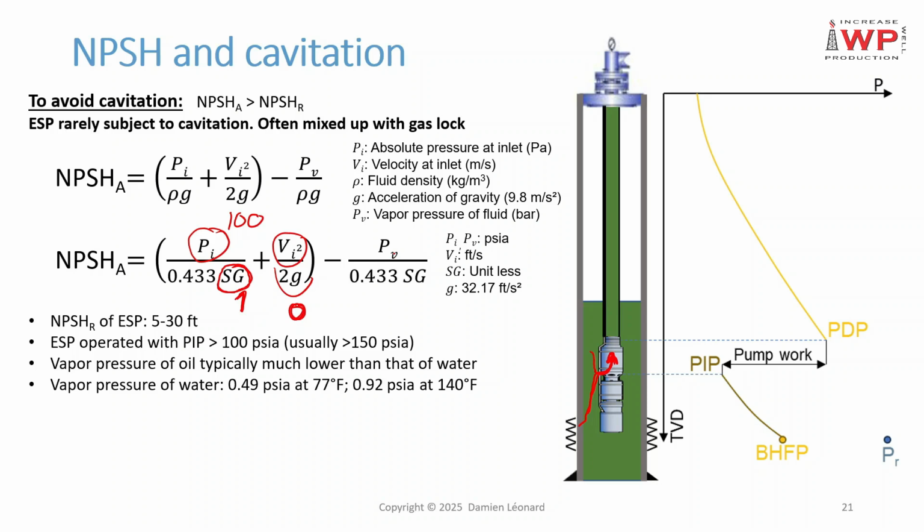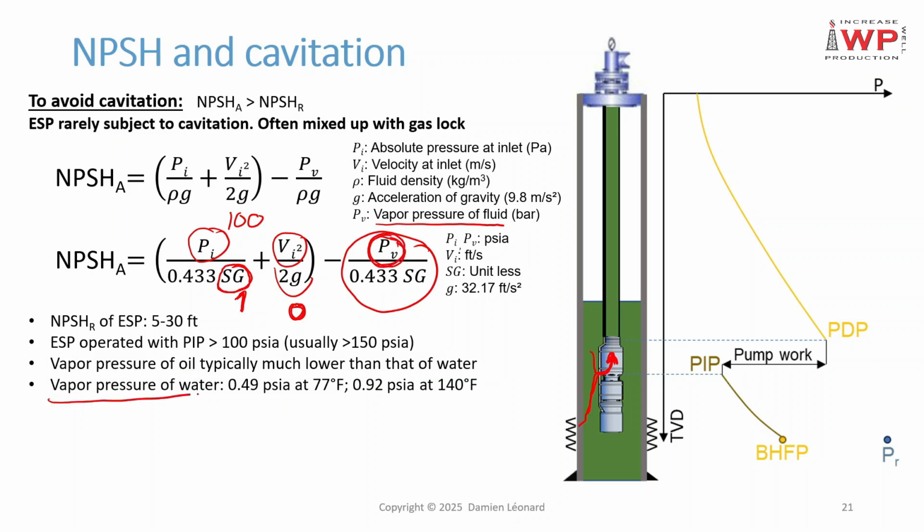Now, what I need to remove is this term over there, and over there I have the vapor pressure of the pumped fluids. Now, the vapor pressure of oil is typically much lower than that of water. So if I want to be conservative, I will consider that I am pumping water, and so this vapor pressure is going to have the maximum value.